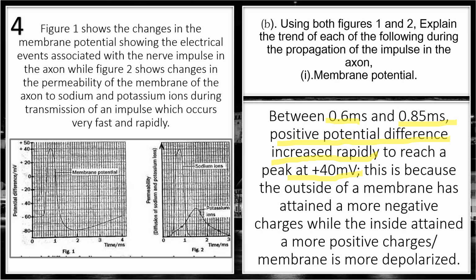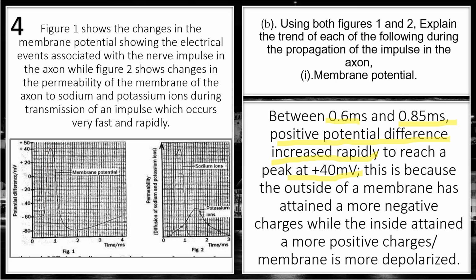So from 0.6 here, the positive potential increased rapidly to a peak of 40.